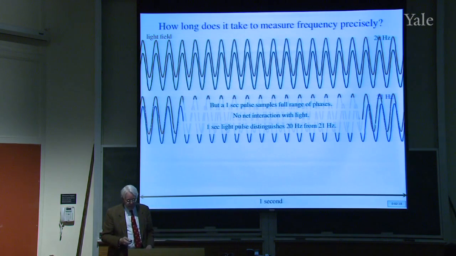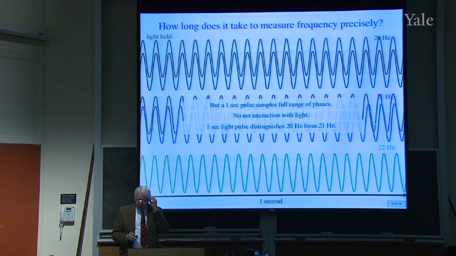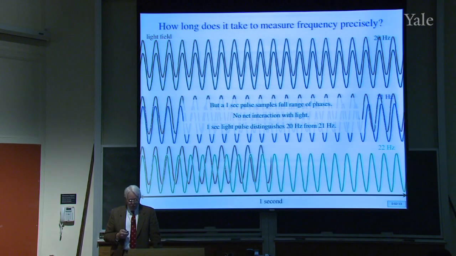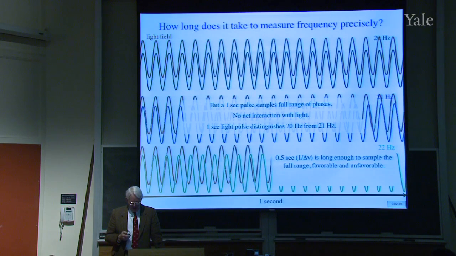That means, suppose we have 22 hertz, okay, a swing that I'm trying with my light to hit, but I'm going at 20 hertz, right? So that goes through 2 complete cycles there. In fact, it goes through 1 complete cycle. You can tell it's not working after only half a second.